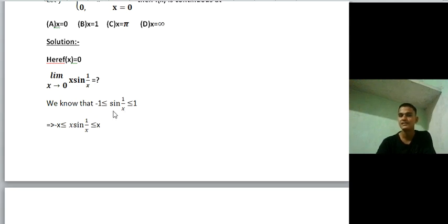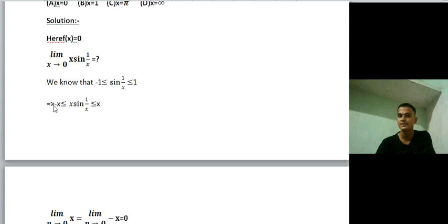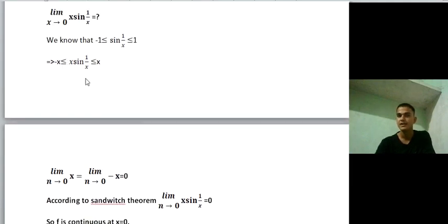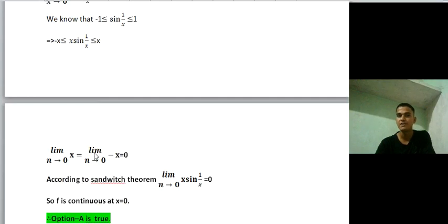So we know that sin 1 by x lies between -1 and 1. So we will multiply by x. So this is minus x, this is x sine 1 by x, and this is x. By the Sandwich theorem, we take the limit of x and the limit of minus x.